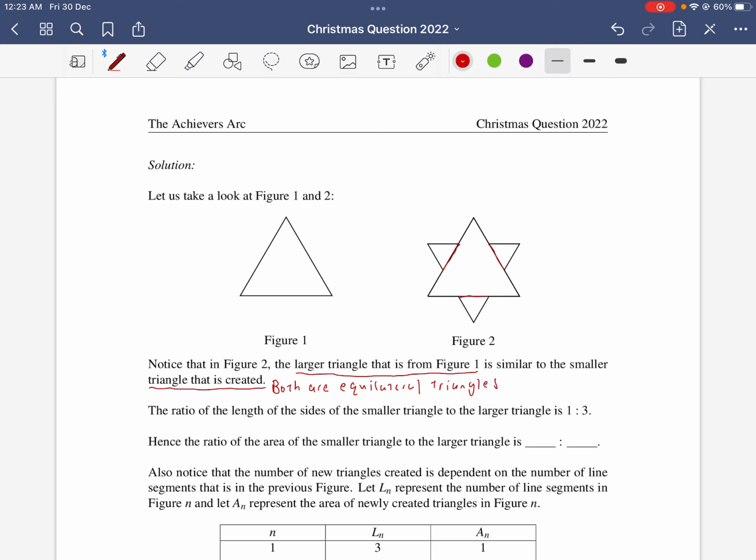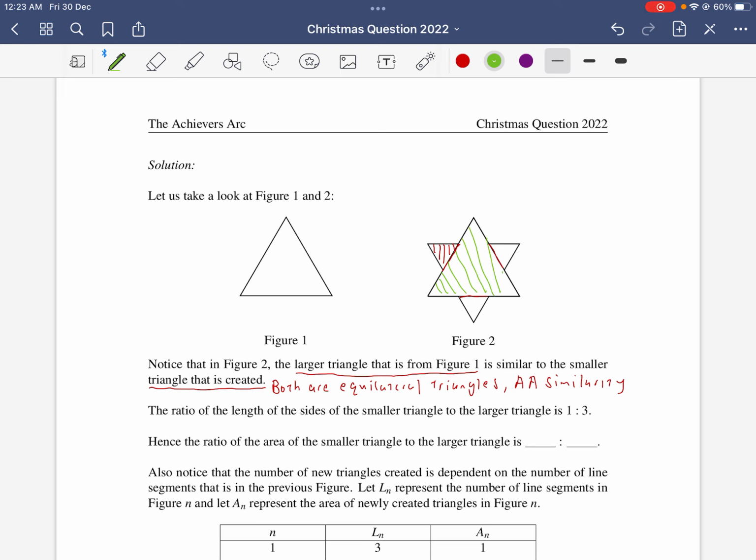So of course, by our AA similarity test, they must be similar in nature. So we definitely have the big triangle being similar to the small triangle that is newly created from the big triangle. So the one in figure 2, this one over here, is similar to this one.